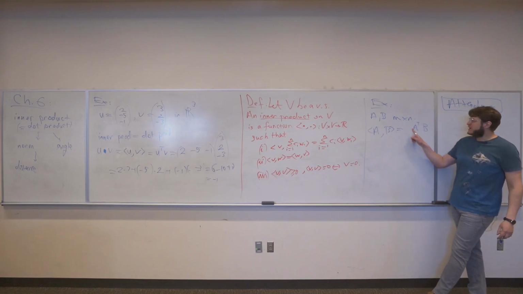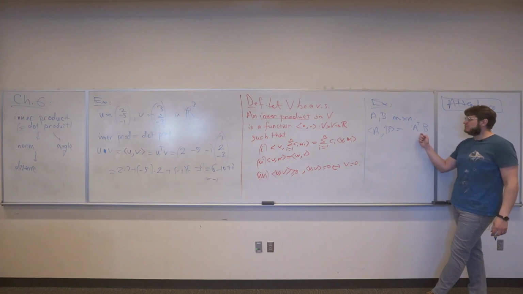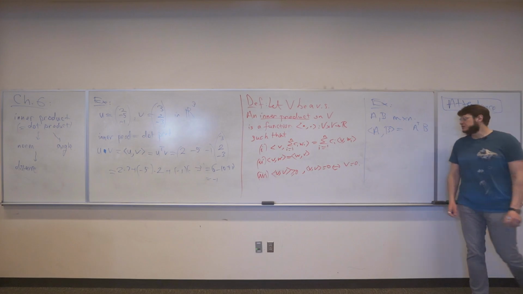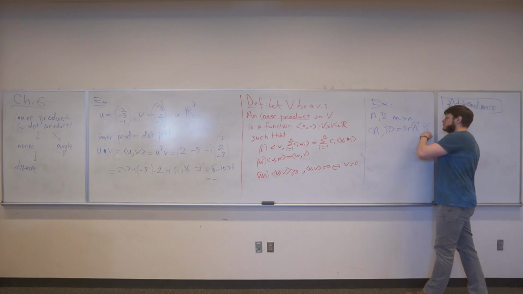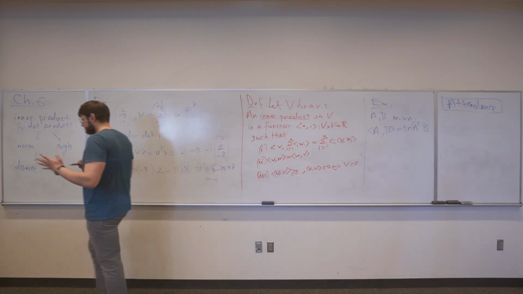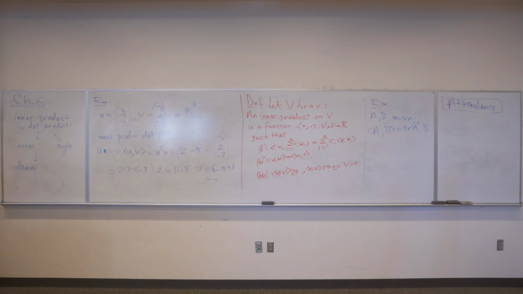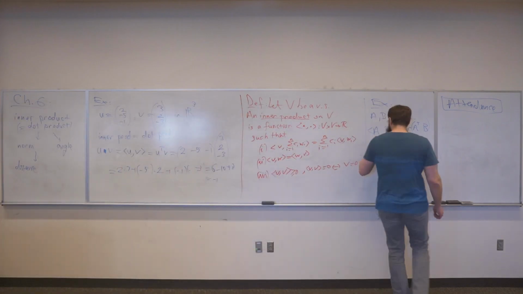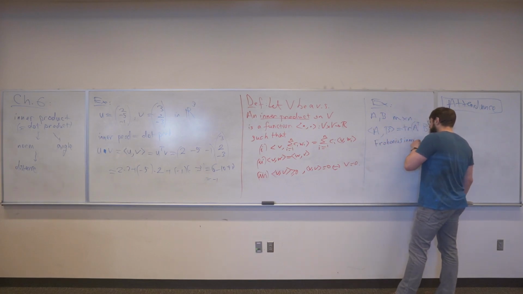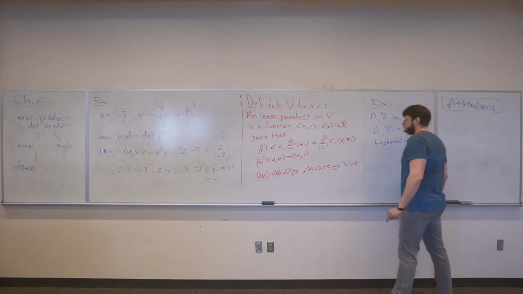Because if A is m by n, A transpose is n by m. And so this product is going to be a square matrix, but then I can take the trace of that to get a number. Okay, this is one of the most important inner products that are used. I believe this is what is called the Frobenius inner product. I'll write it. Frobenius product.